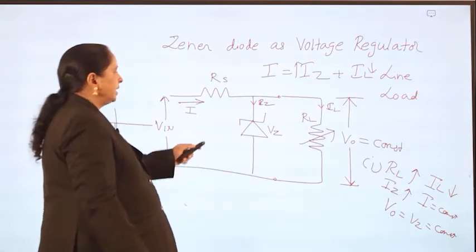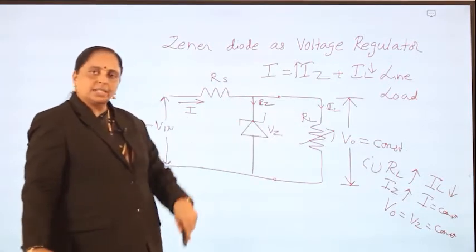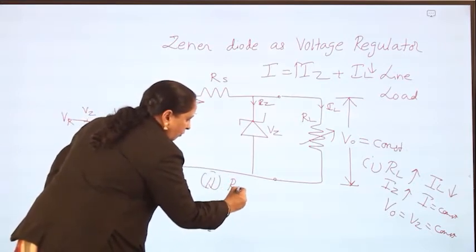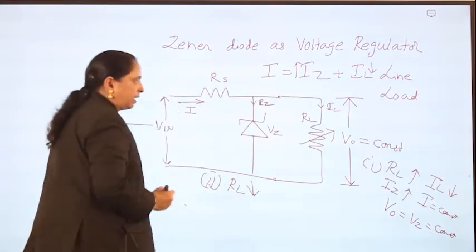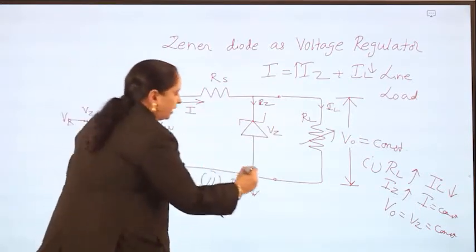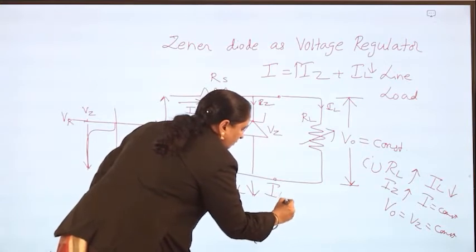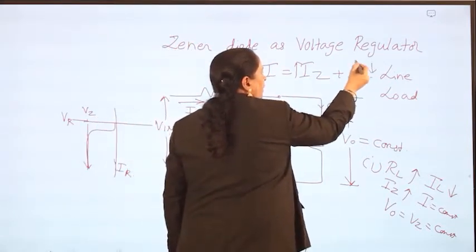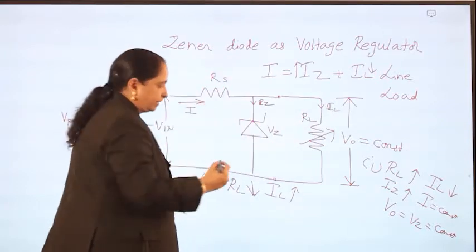Let us see the second case, when load resistance decreases. According to Ohm's law, when RL is small, IL must be very large. According to this formula, if IL is large, Iz should decrease.